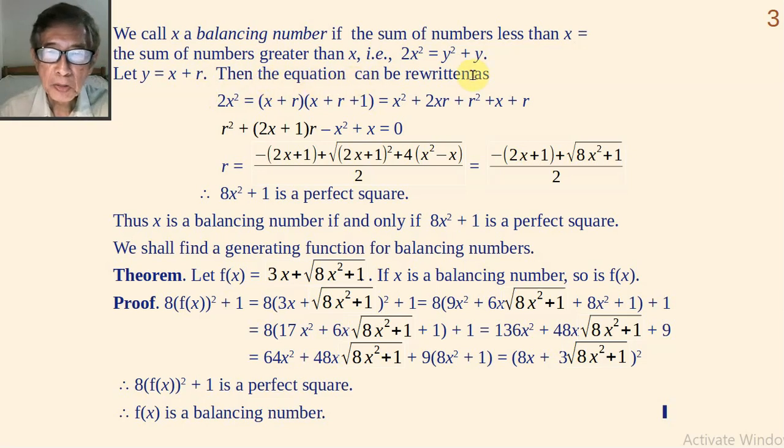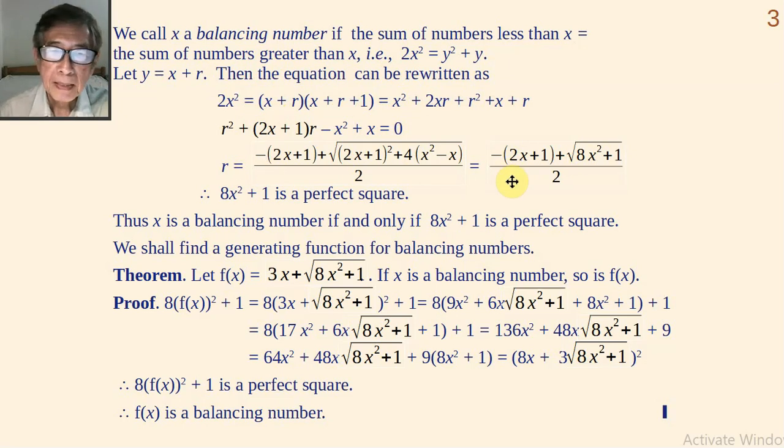Then the equation can be rewritten as 2x squared equals x plus r times x plus r plus 1, and that's equal to x squared plus 2xr plus r squared plus x plus r. So you get this quadratic equation, and the solution is r equals this number.